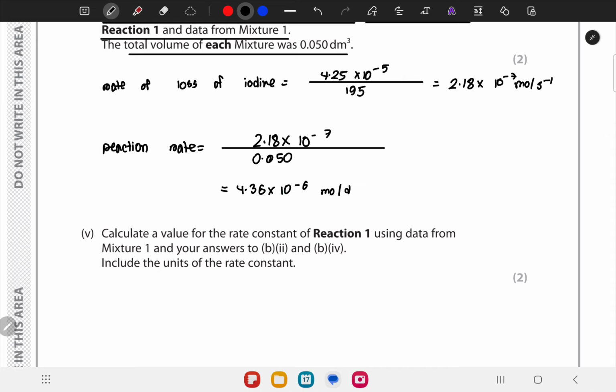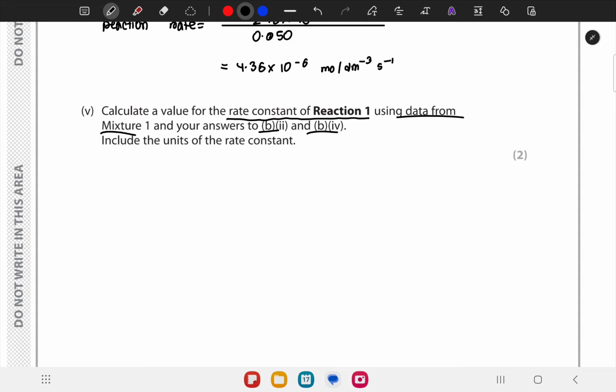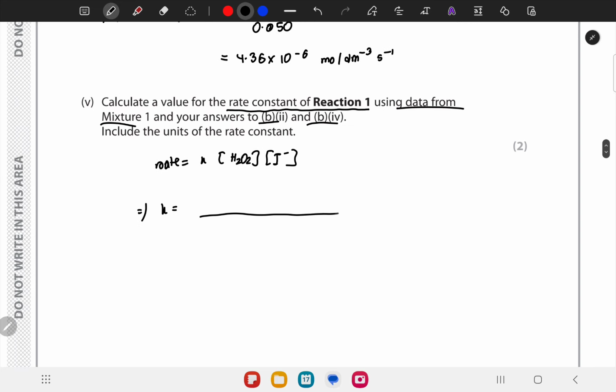Now we have to calculate the value of the rate constant of reaction 1 using data from mixture 1 and our answers to B2 and B4. So the rate equals K times the concentration of H2O2 times the concentration of I minus. So K will be the rate divided by the concentrations.